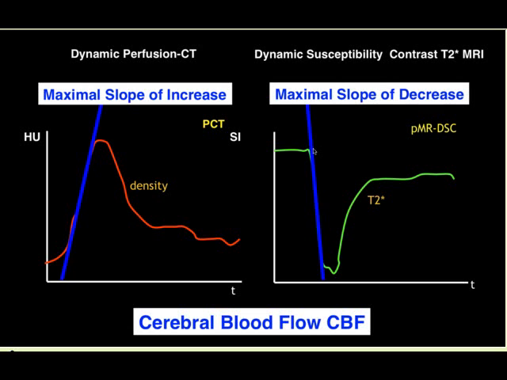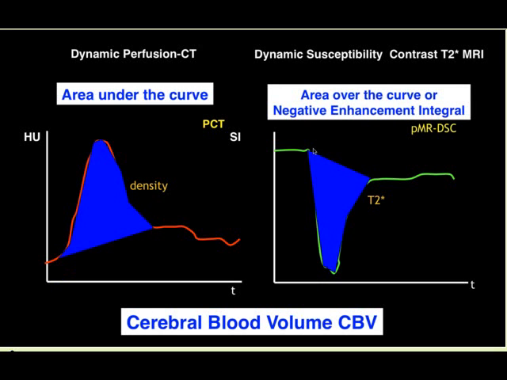And typically when you look at the different parameters that you can calculate, if you use the maximal slope model, you are going to use either the maximal slope of increase on CT or the maximal slope of decrease on MR to calculate your cerebral blood flow. And again, those are different names that can be used by the manufacturers. If you look at the area under the curve for CT or the area over the curve for MR, that's going to be your cerebral blood volume.